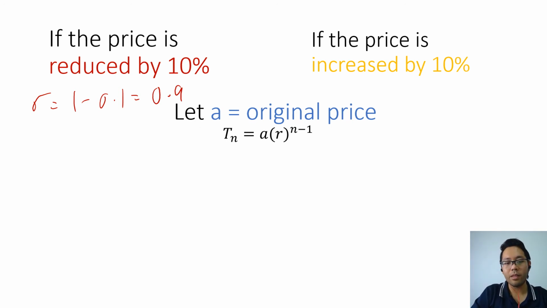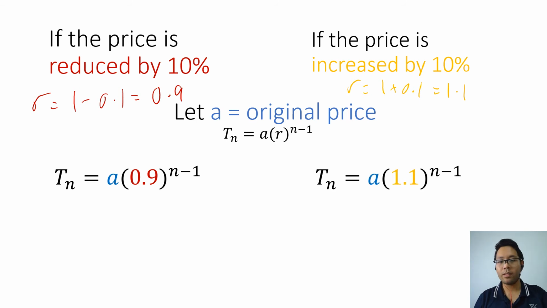If the price is increased by 10%, then R equals 1 plus 0.1, which means 1.1. So if A is the original price and Tn is A R^(n-1), we get these as our two new formulas. The left side is 0.9, the right side is 1.1. So this is a simple example for you. Let's see whether you can try it on the next examples.